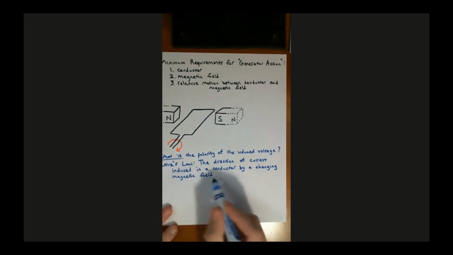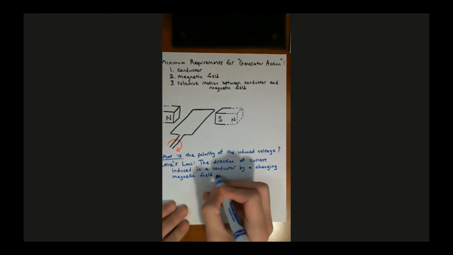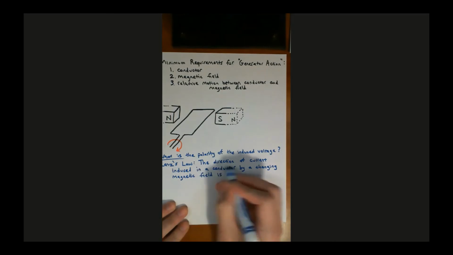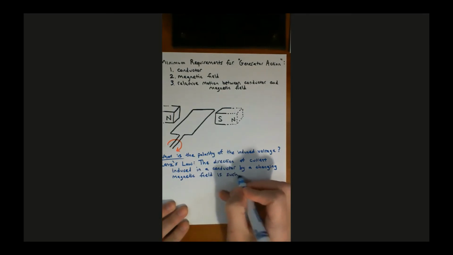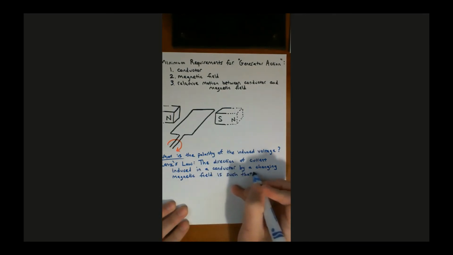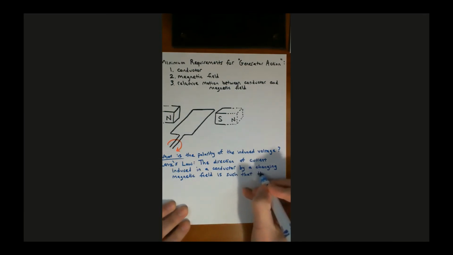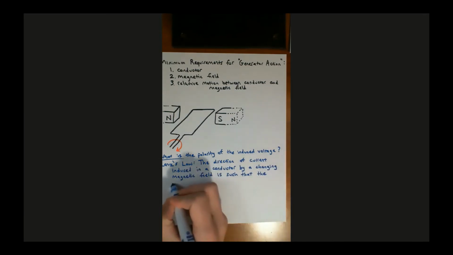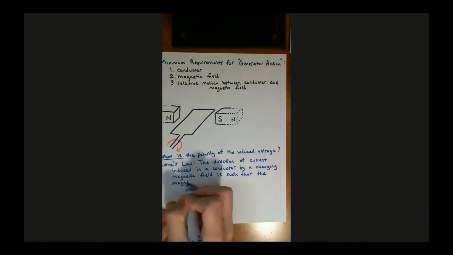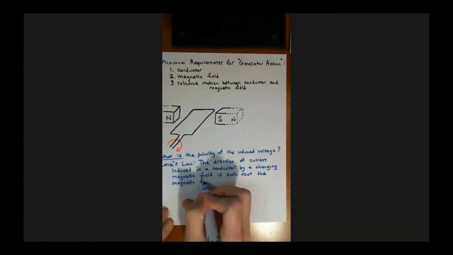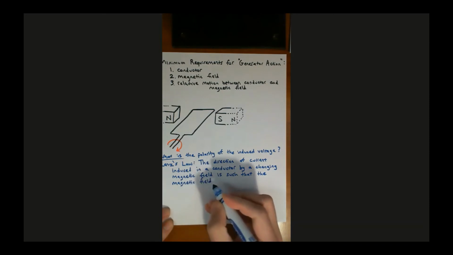So the direction of current induced in a conductor by a changing magnetic field is such that the magnetic field created by the induced current, right?